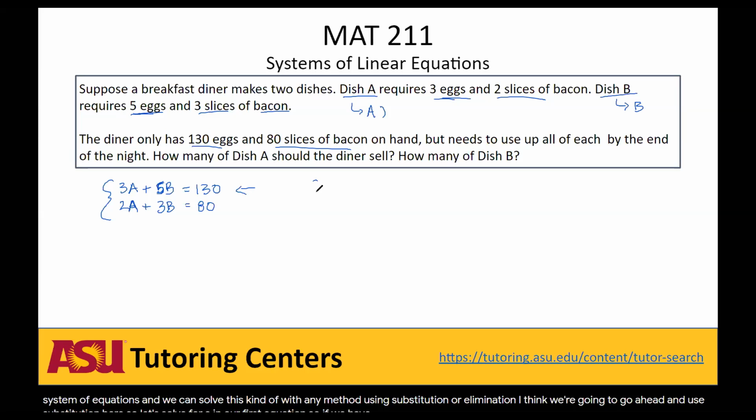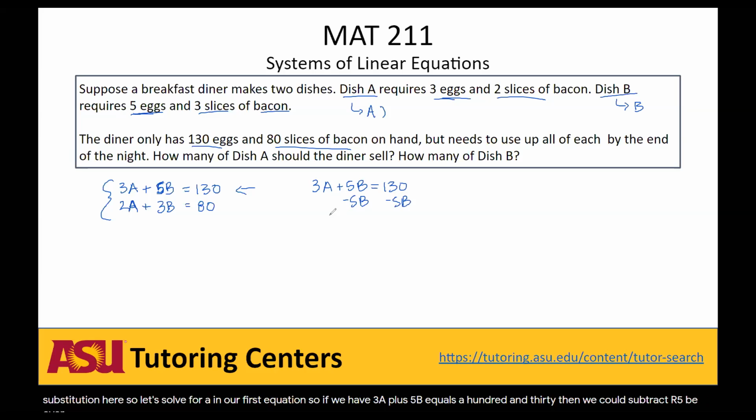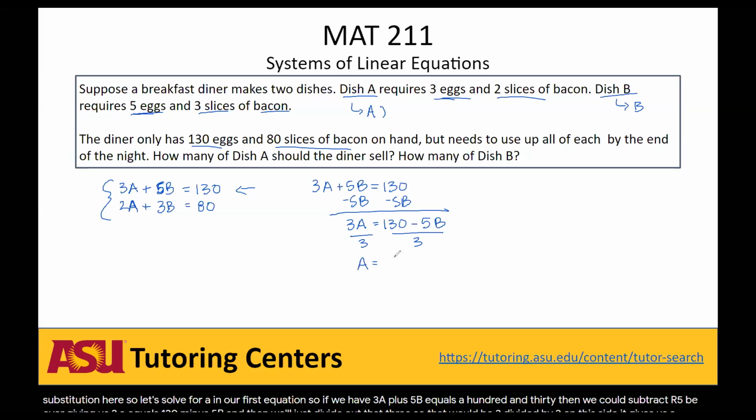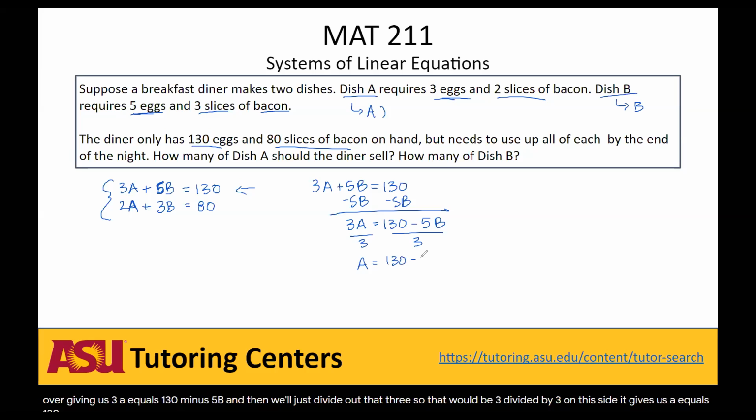If we have 3A plus 5B equals 130, then we could subtract our 5B over, giving us 3A equals 130 minus 5B. And then we'll just divide out that 3. So that would be 3 divided by 3 on this side. That gives us A equals (130 minus 5B) over 3.